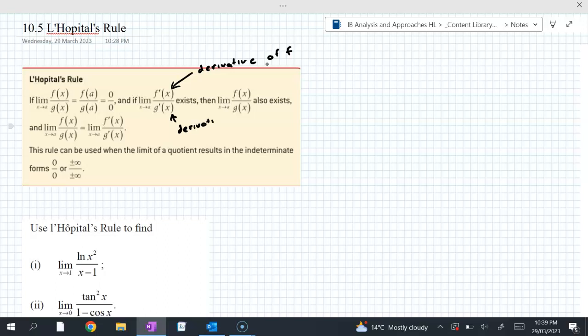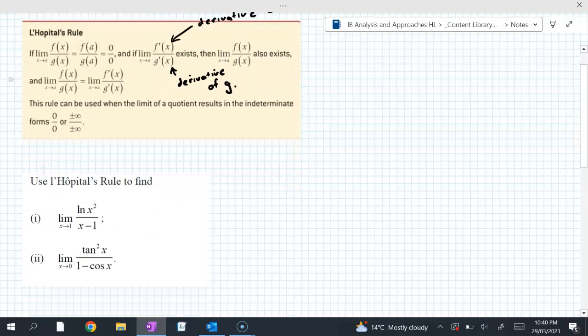So it's not the derivative of the whole function, it's the derivative of each of them. And we can use that if we substitute a into f and g and we get 0 on 0, or we get positive or negative infinity on positive or negative infinity. Those are the cases we can use it. We can't use it in just any case, we've got to use it in these special cases.